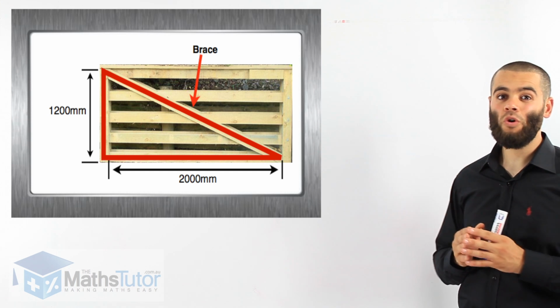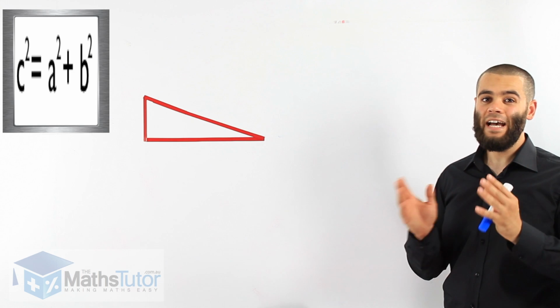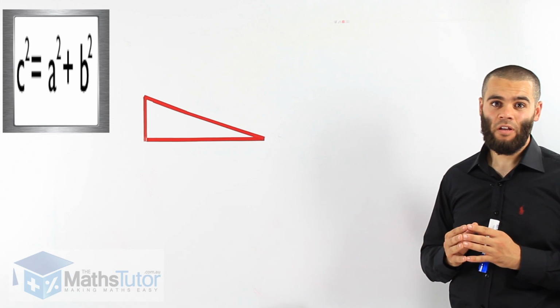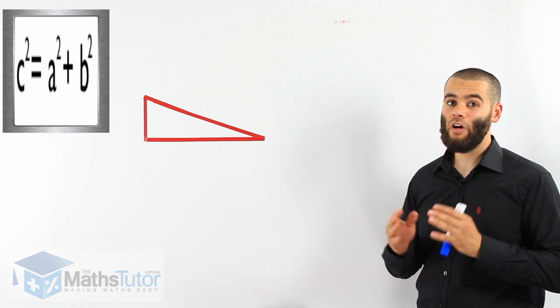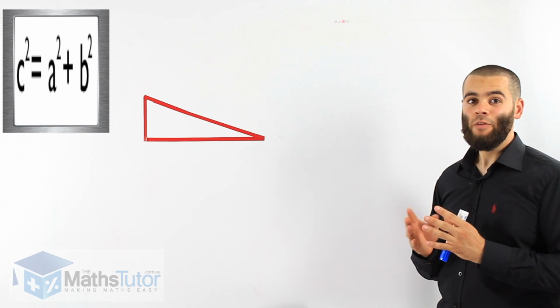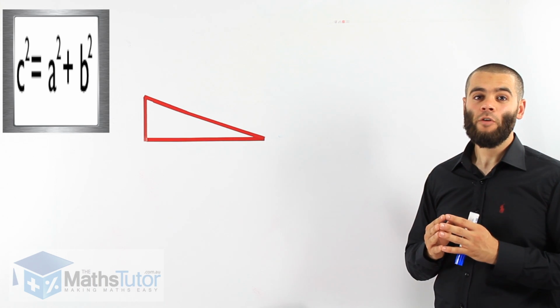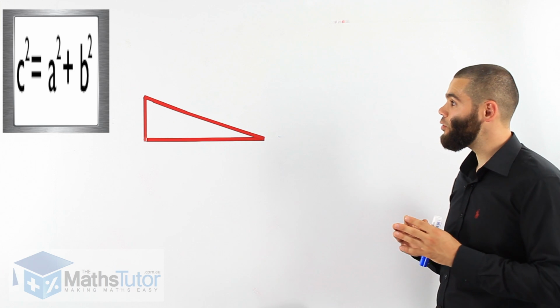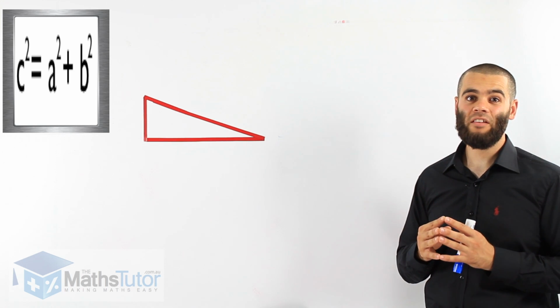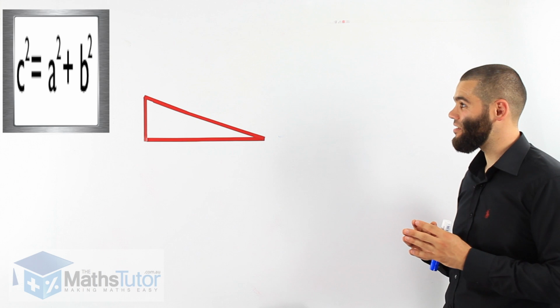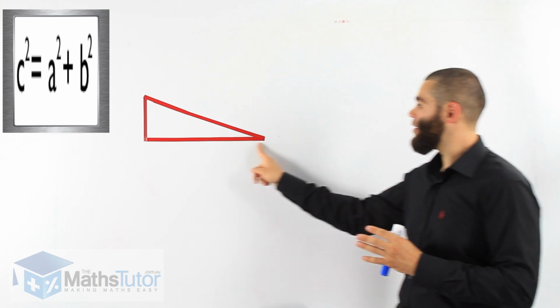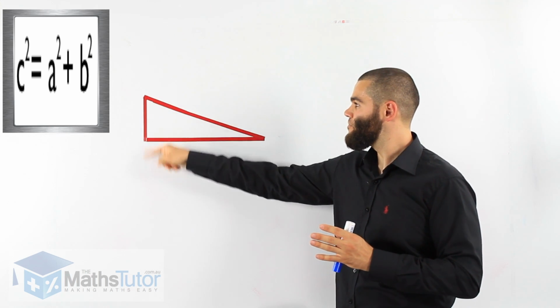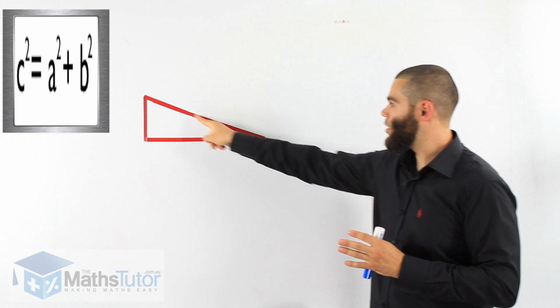First, we draw our diagram. Now we have our diagram. We've created a right-angled triangle because we know the brace makes a right-angled triangle with the length and the height of the gate. So now we have our length, our height, and our brace, which we're going to find.